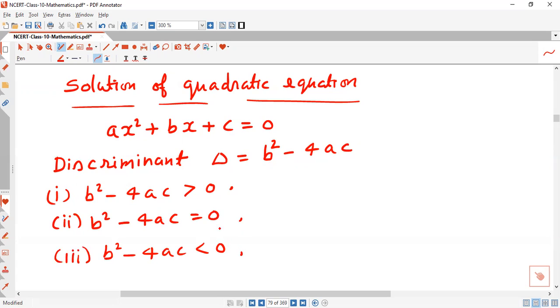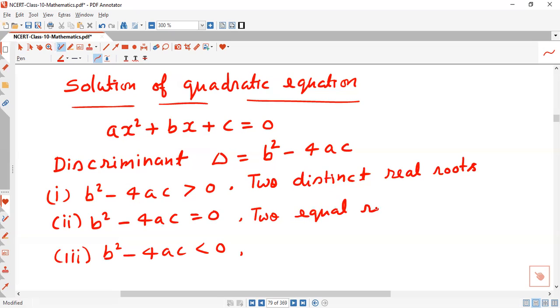So in case number 1, when it is positive, two distinct real roots exist. We will get the two distinct real roots for the quadratic equation. And now when b square minus 4ac is equal to 0, again we are getting two real roots, but two equal real roots.